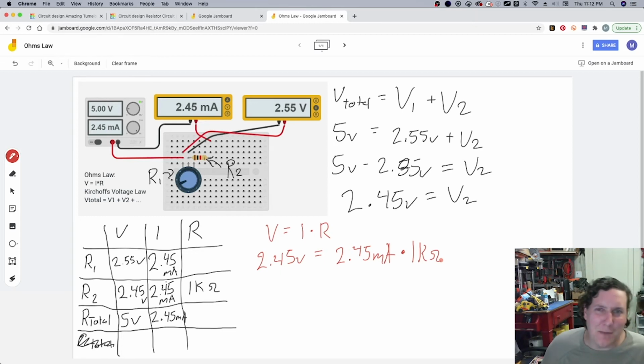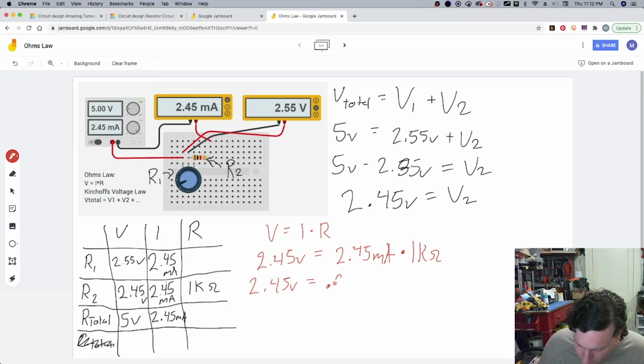But the nice thing about the metric system is that it's all powers of 10. So we do not need to change the 2.45 volts, but we do need to change 2.45 milliamps to amps. That means that we're moving that decimal point 3 places to the left.